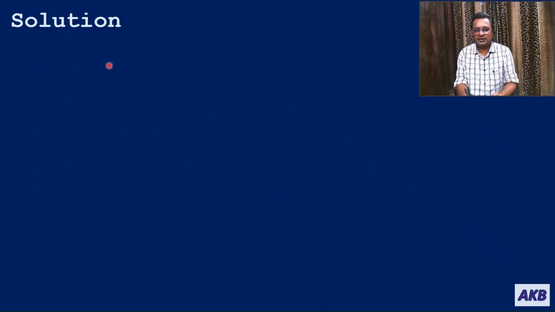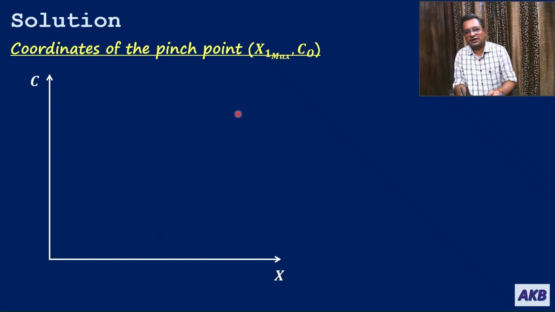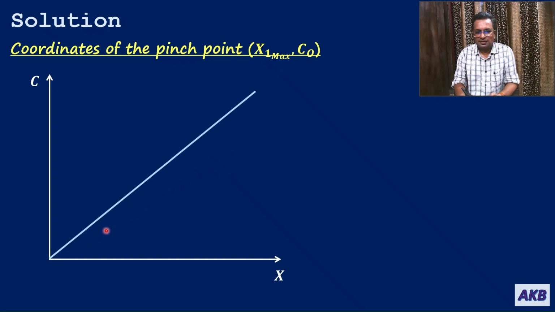Let us move ahead. Now let us get the coordinates of the pinch point. What are the coordinates of the pinch point? Capital X1 max, C0. As I told you earlier, you have a plot of capital C versus capital X. The equilibrium curve is a straight line, because the equation of the equilibrium curve that is given to us is linear.